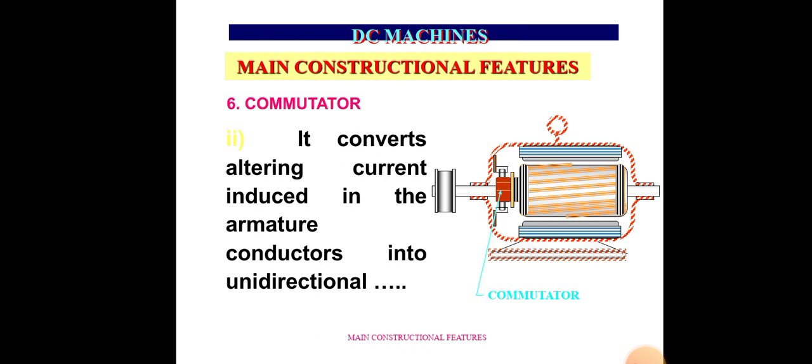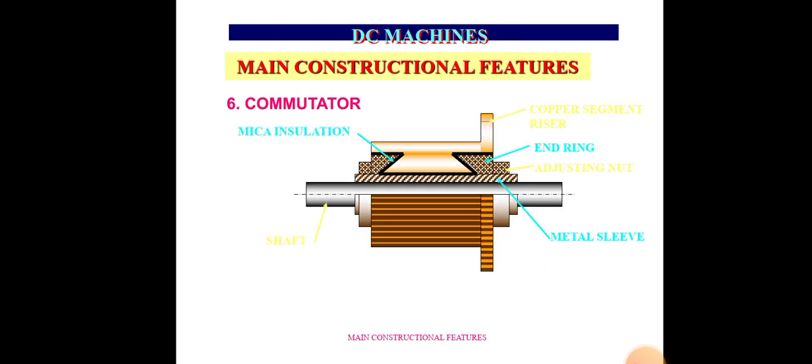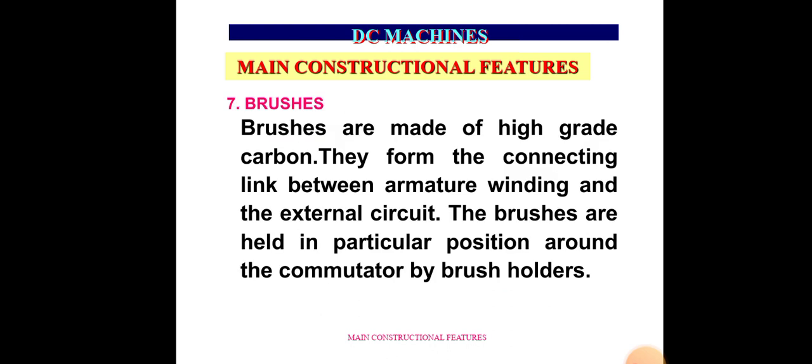The purpose of the commutator is to convert the alternating current induced in the armature conductors into unidirectional EMF. That means it acts as a rectifier. And next one is brushes.